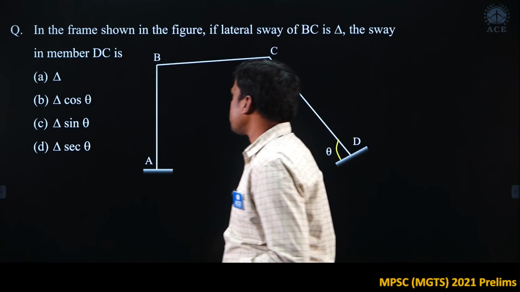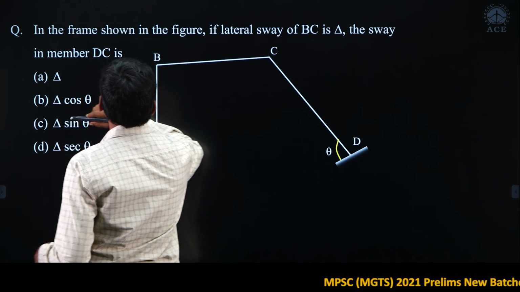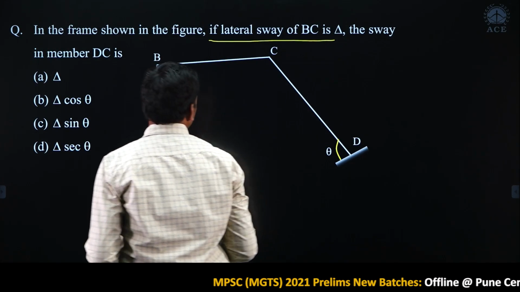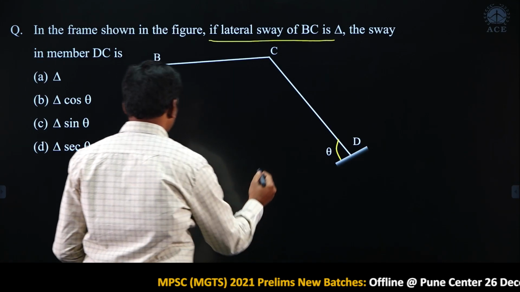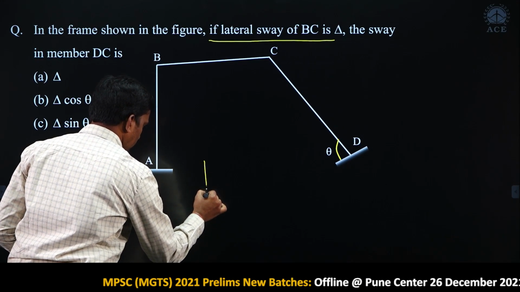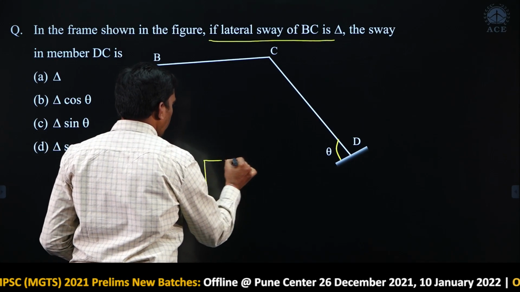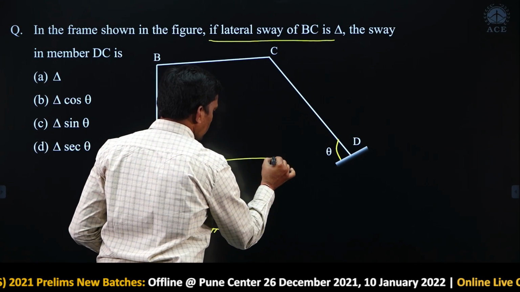Right, last question. In the frame shown in the figure, if the lateral sway of BC is delta, this is actually analysis of a sway frame.